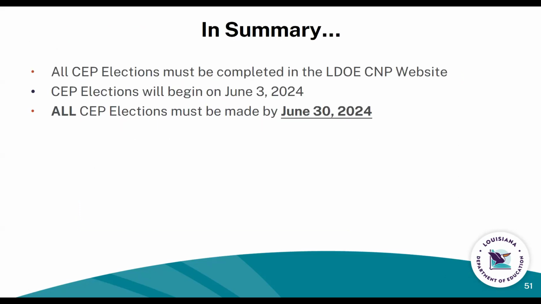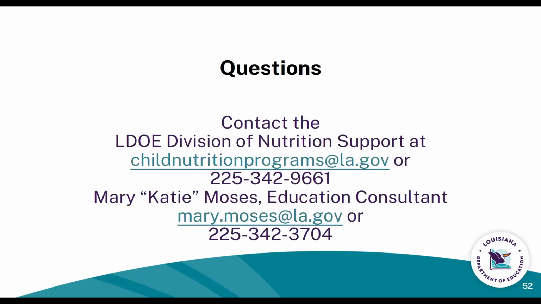So in summary, all CEP elections must be completed on the LDOE CNP website. CEP elections will begin on June 3rd, 2024, as June 1st is a Saturday. All CEP elections must be made by June 30th, 2024.